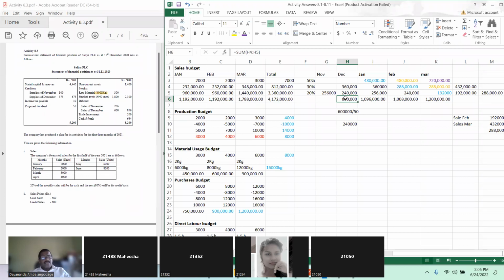a policy 50%, 30%, 20%. Now, if I'm putting it, 50% sales income, you got it this month. And 30% previous month. This month you got it.